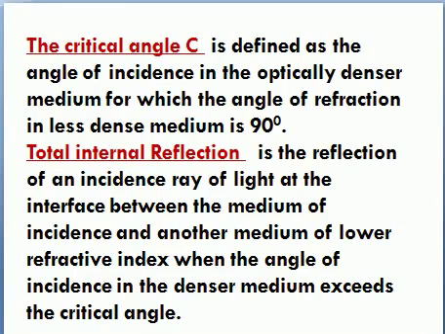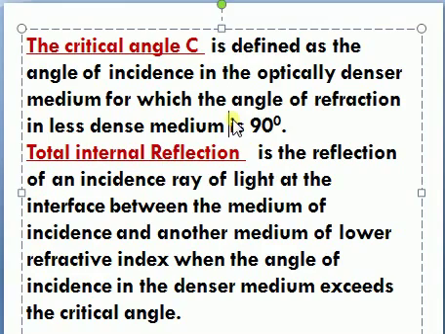Now let's define critical angle and total internal reflection. Remember, we have explained that using our diagram. Now, what is critical angle? We label it with C. We define it as the angle of incidence in the optically denser medium for which the angle of refraction in the less dense medium is 90 degrees.